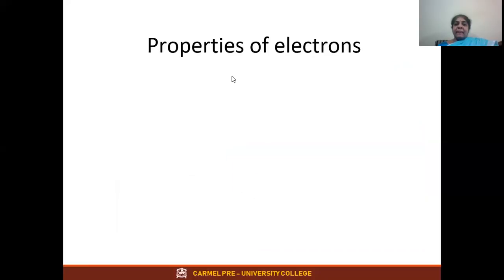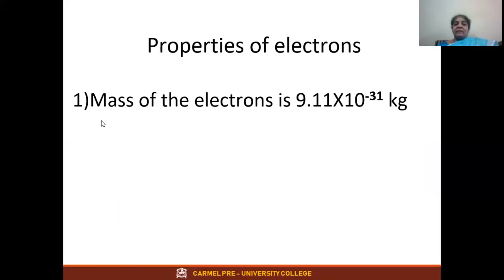Next, properties of electrons. What are the important properties of electrons? When we say important properties of electron, we'll try and study the physical properties of electron. First one, mass of electron is 9.11 into 10 power minus 31 kg.